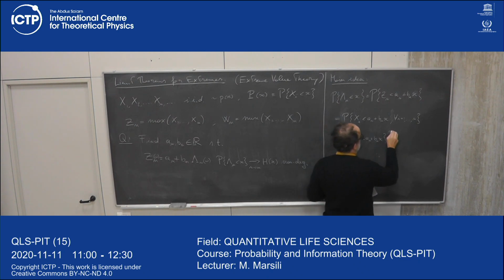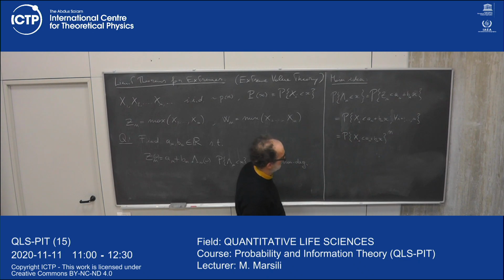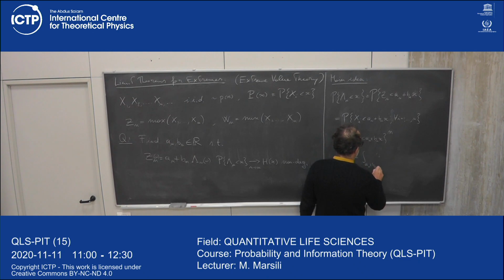So this is exactly this probability raised to the power n. Okay. And I can rewrite this as 1 minus the integral from an plus bn x to infinity dx prime of p of x prime, raised to the power n.